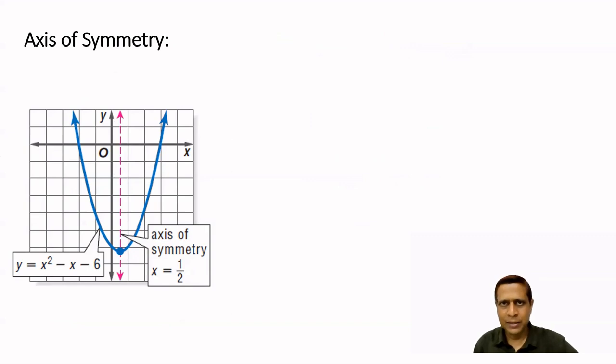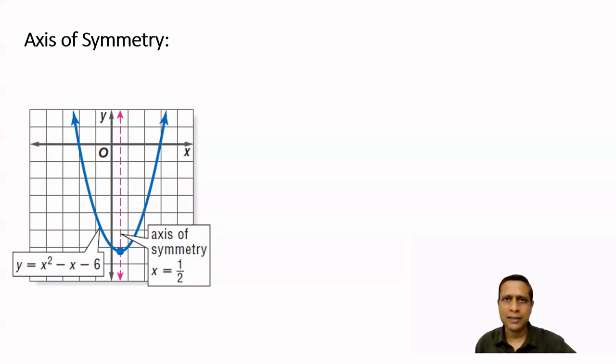Now, axis of symmetry. What is axis of symmetry? Quadratic function is always symmetrical about a vertical line. There will always be one vertical line about which the graph of the given quadratic function is symmetrical.